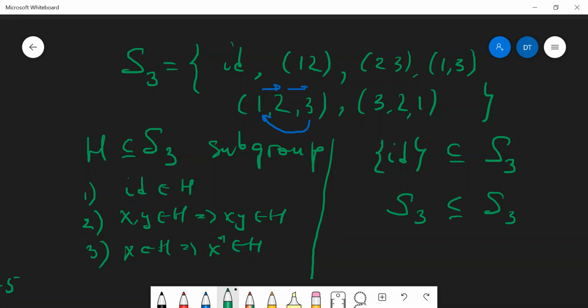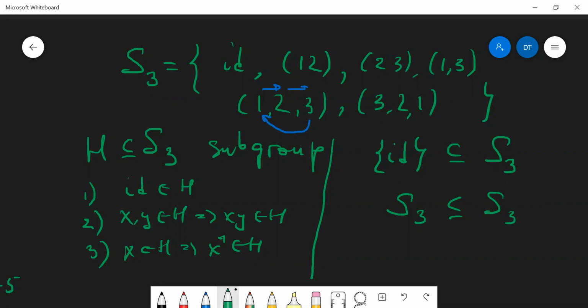Can you find at least one subgroup different from these 2 trivial ones? Let's start with just one example. Cool, even permutations.